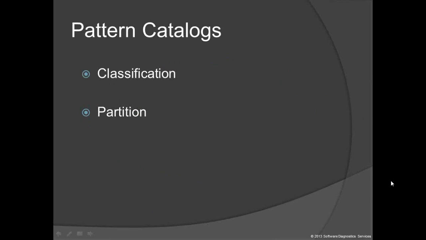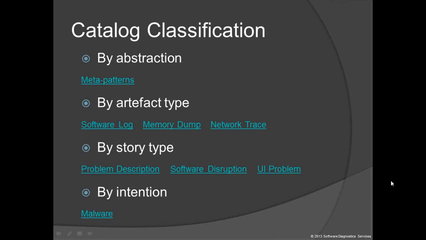So we first classify catalogs and then partition them into sections for easy navigation and search. We can classify catalogs by abstraction, for example, as software diagnostics meta-patterns, which are patterns of software diagnostics itself.